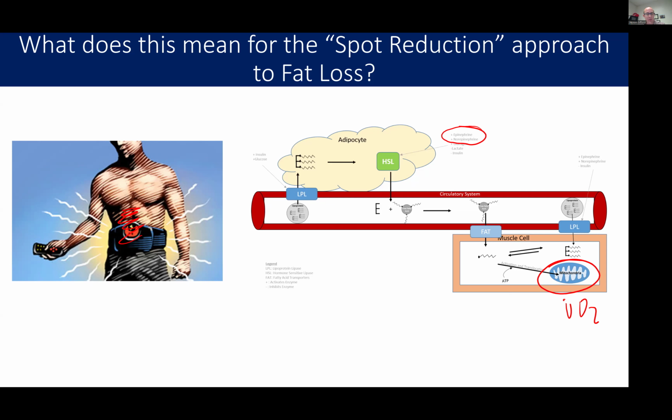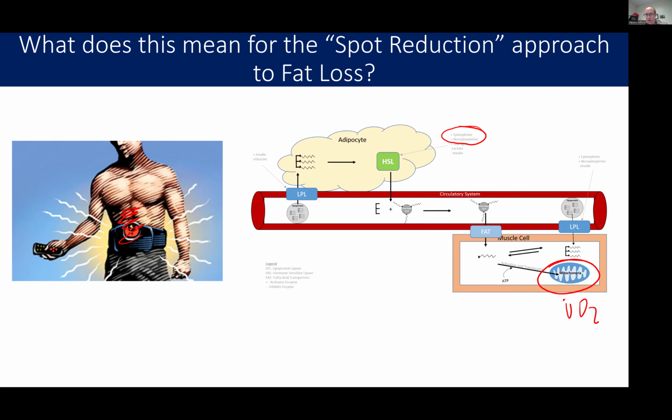So this would be somewhere in the moderate or heavy intensity domain where you're being fueled by a lot of fat, burning a lot of fat during the exercise. It's going to involve whole body exercise, probably like running, jogging, swimming, cycling, rowing, these kind of ideas where you have a really high caloric expenditure, and that's going to be signaling for fat oxidation and lipolysis throughout the whole body.